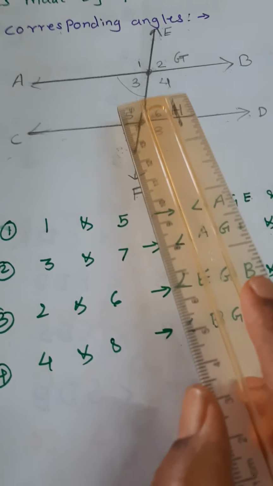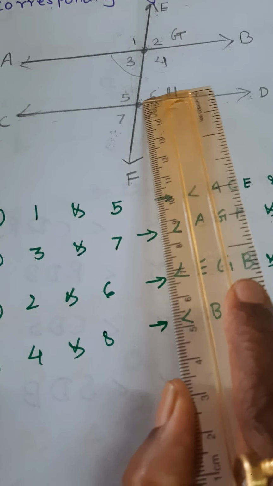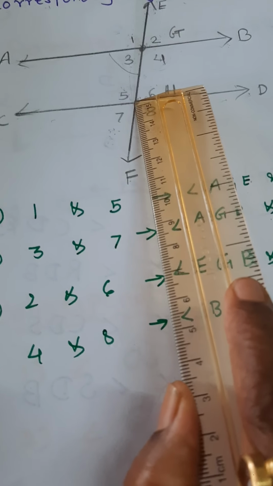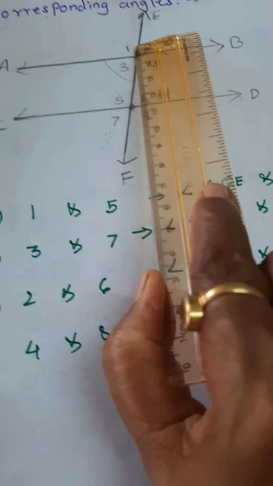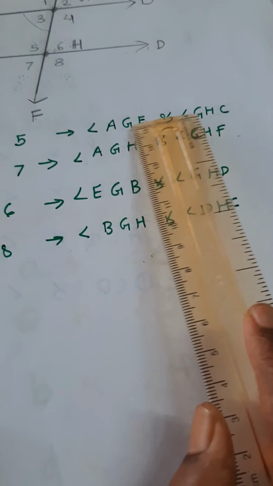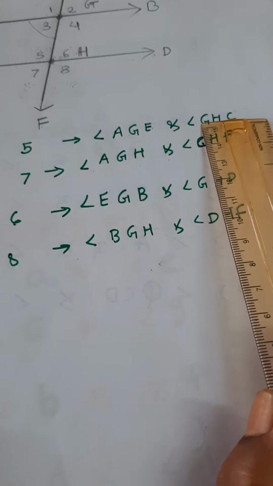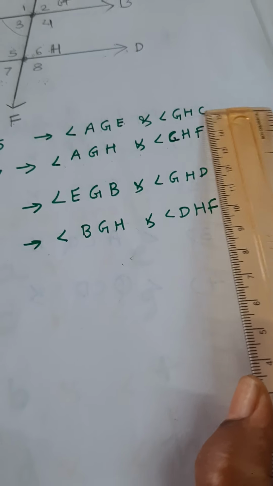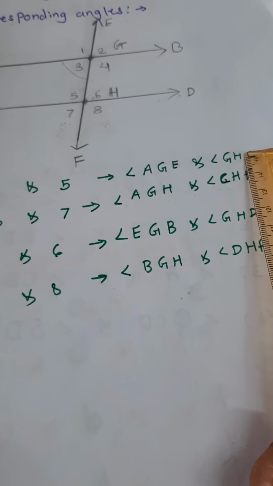Now let's see the name of angle number 5: C, H, G. H is the name given to this point. So this is the first pair, angle AGE and angle CHG. You can read this as CHG or GHC also. What is important is that H should be in the middle.